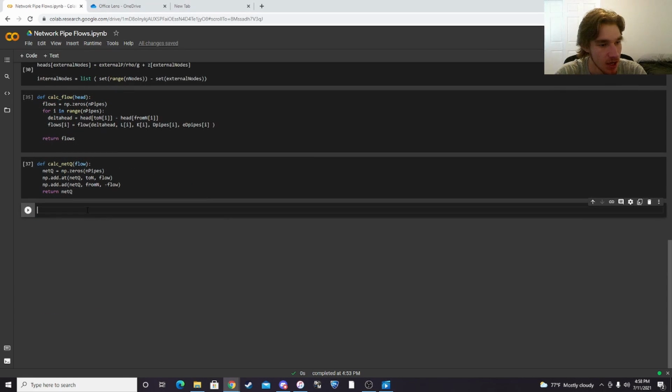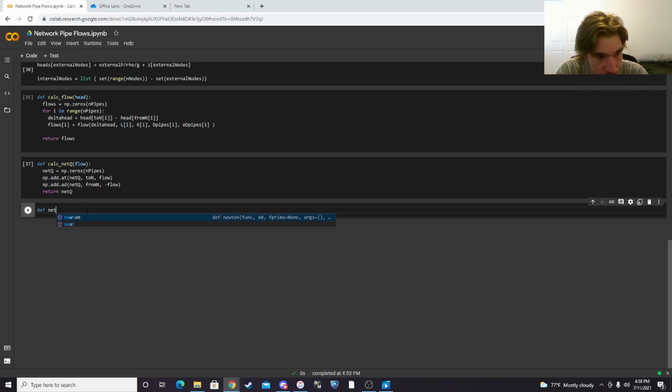Alrighty, so next, now that we have the calculated netq, we're going to want to go ahead and do a netq of the internal nodes, because we know that the internal nodes all must be equal to 0. The flows must be equal to 0, because what goes in must come out.